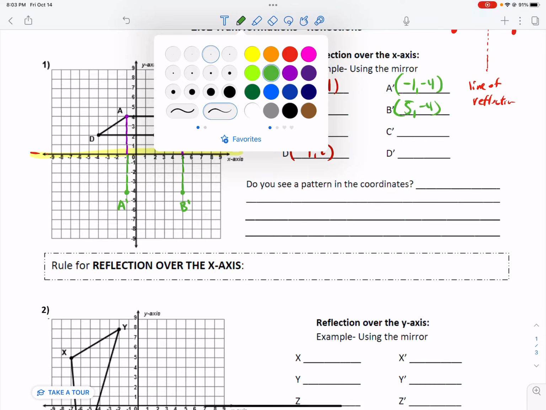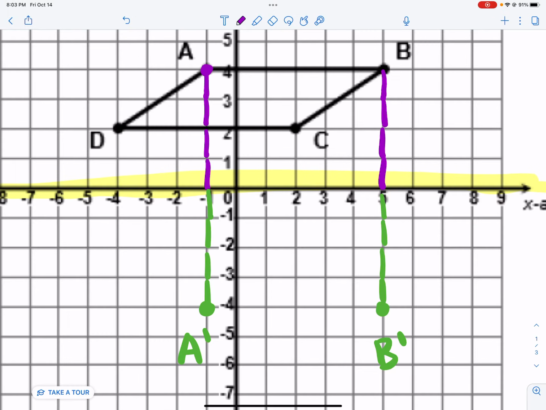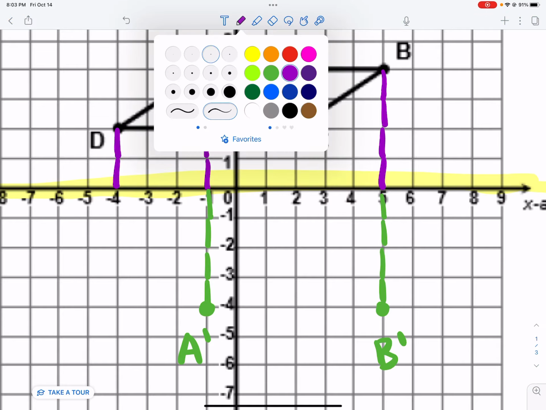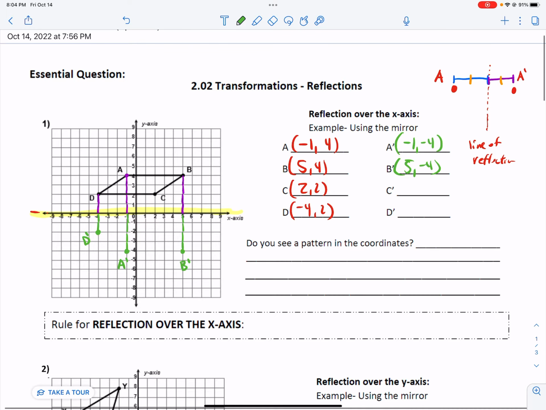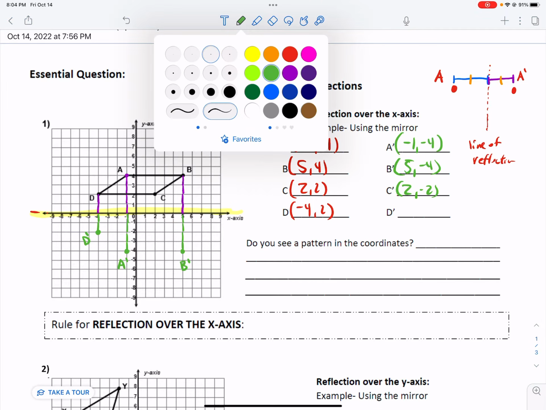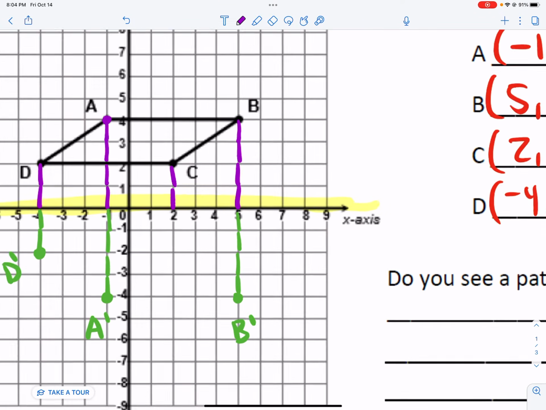Next, let's go to D. D is going to be 2 distance away from the pre-image onto the line of reflection. That means from our line of reflection, 1, 2, this will take us to our image of D prime. And last but not least, we have C. C is 1, 2 distance away from the line of reflection.